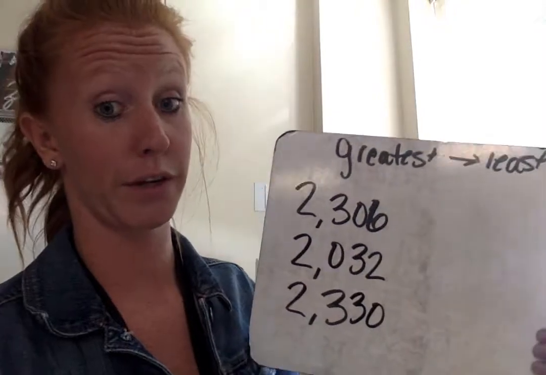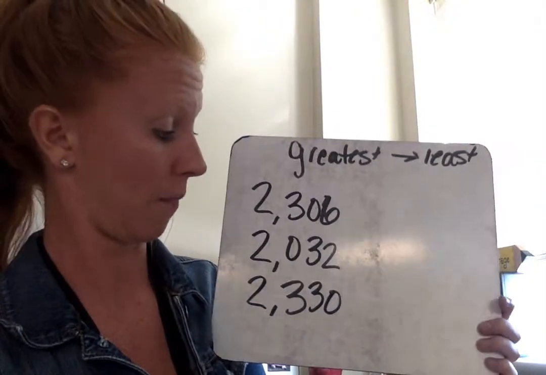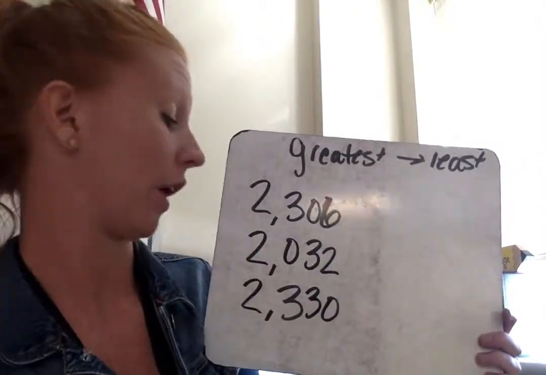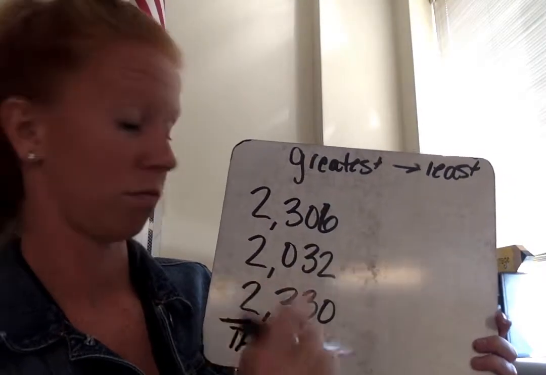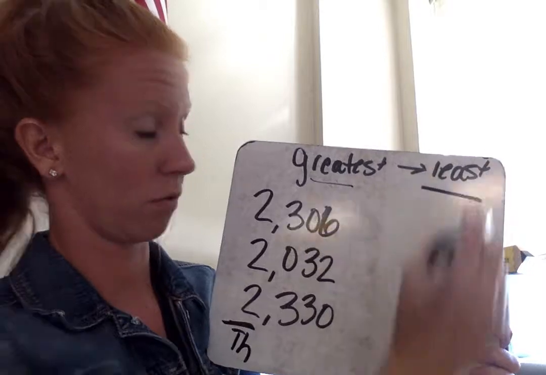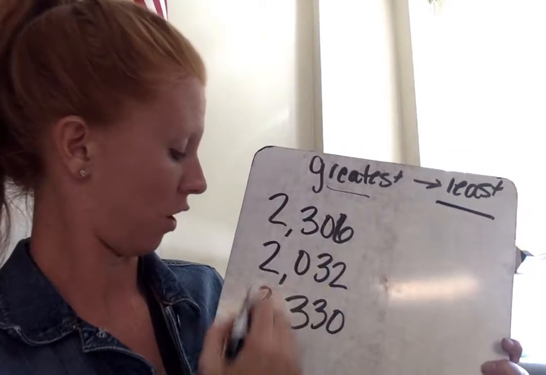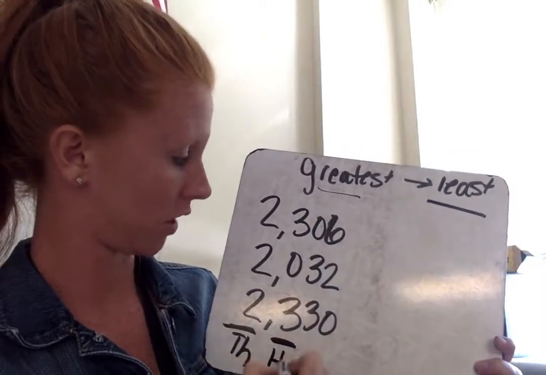Lots of 2s, lots of 3s, and a 0. Oh my goodness, here we go. Start at your greatest place value. Greatest place value is thousands. 2, 2, 2. Remember, greatest to least. We're looking for our biggest one. All the same, so we go to the next one, which is our hundreds.